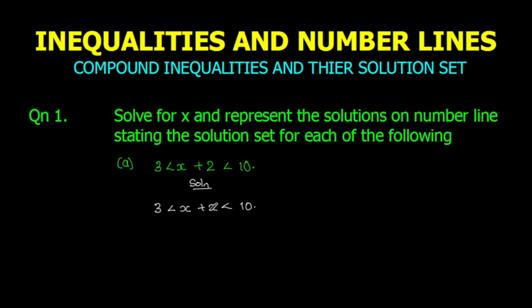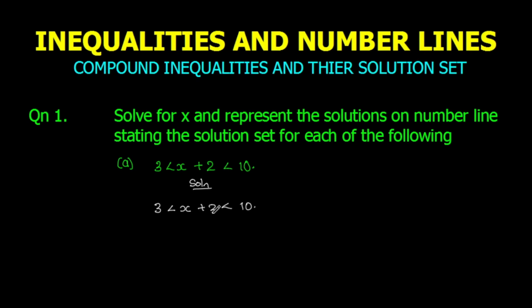And method 2, you can split these inequalities into 2, where we first pretend we don't have the part less than 10, and we have only 3 is less than x plus 2, and then we simplify that simple part. And then we pretend we don't have the first part, 3 is less than, we just start from x plus 2 is less than 10. It will also be a straightforward inequality, and we solve it.